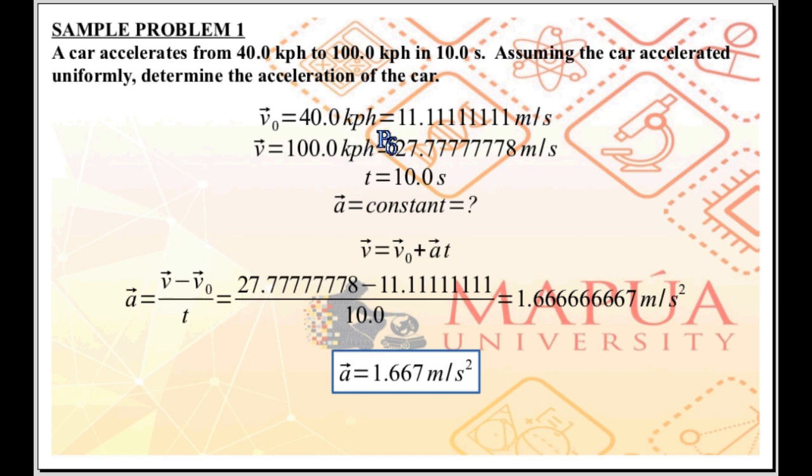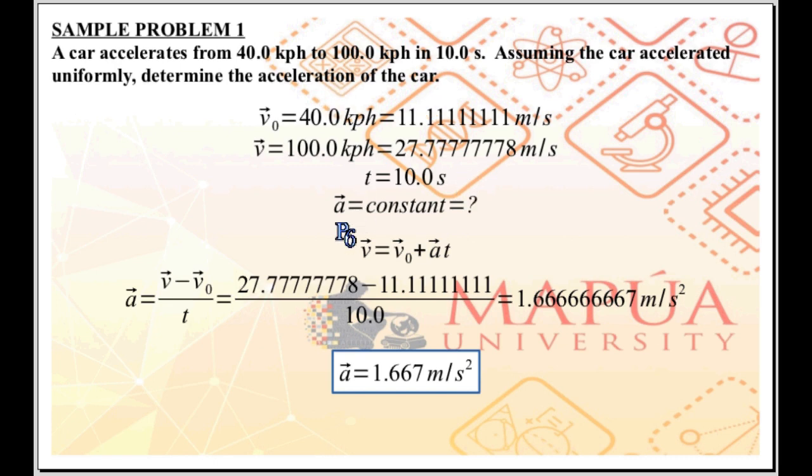So kilometers per hour, convert to meters per second. Final velocity v is equal to positive 100 kph, convert to meters per second. And the elapsed time is 10 seconds. So t is equal to 10 seconds.